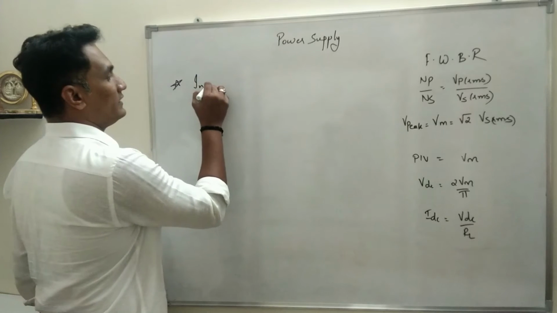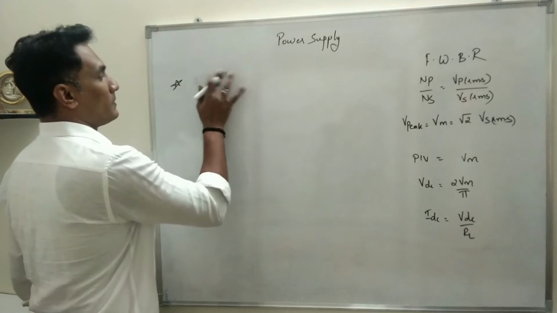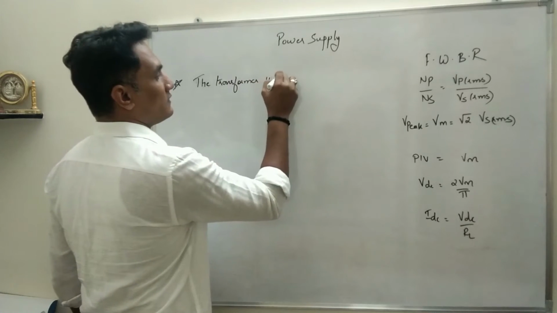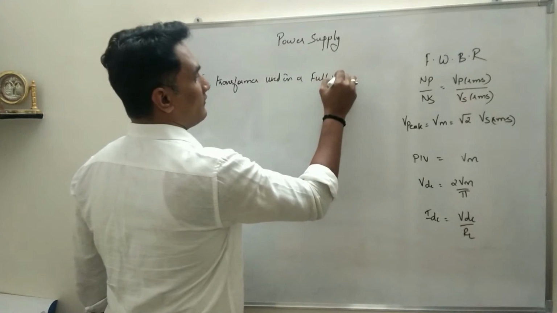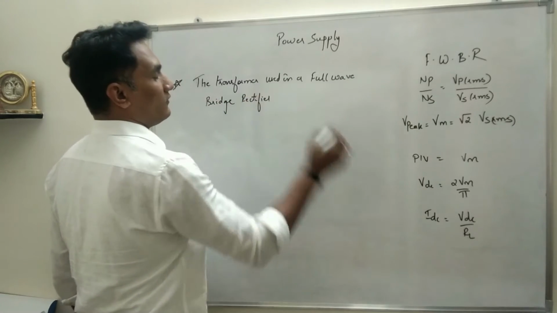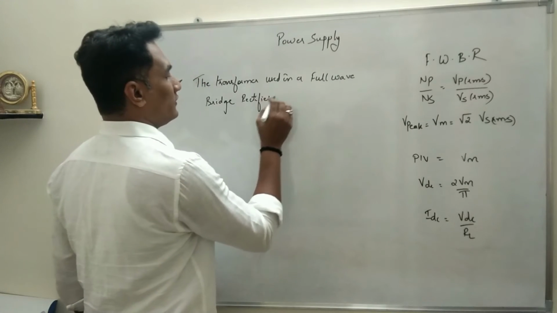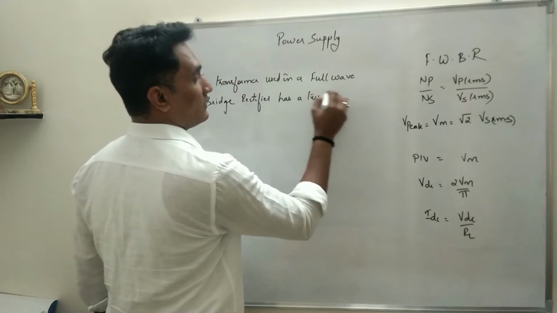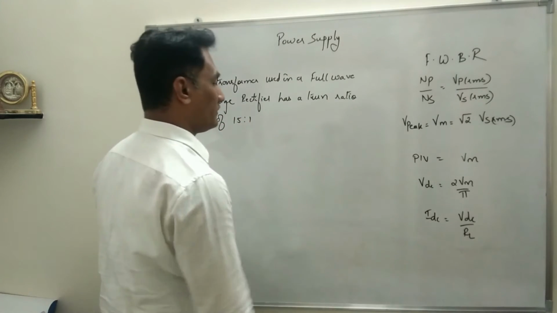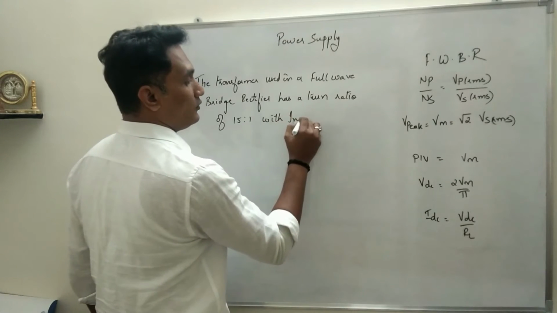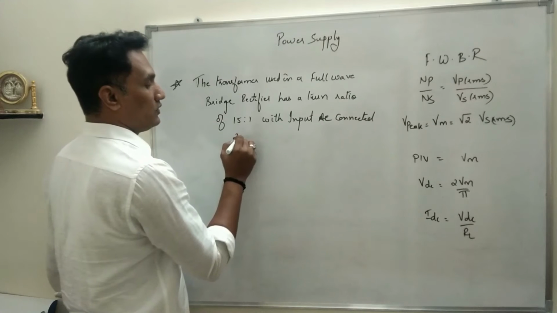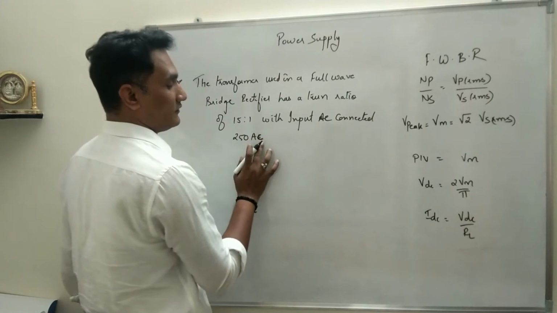So now let us see the statement for a numerical based on the full wave bridge rectifier. The transformer used in a full wave bridge rectifier has a turn ratio of say 15:1, with input AC connected to 250 volt AC.